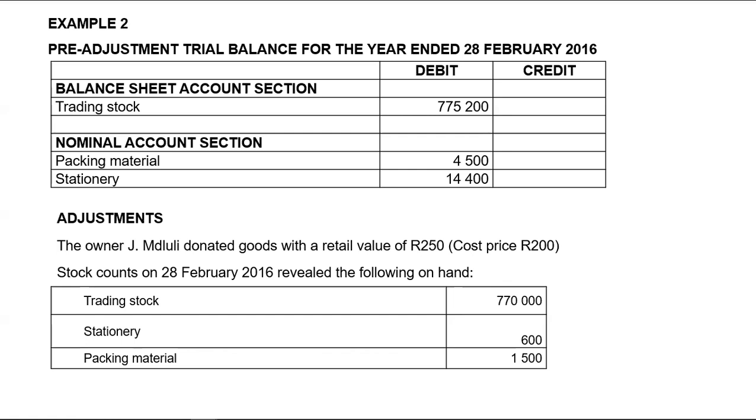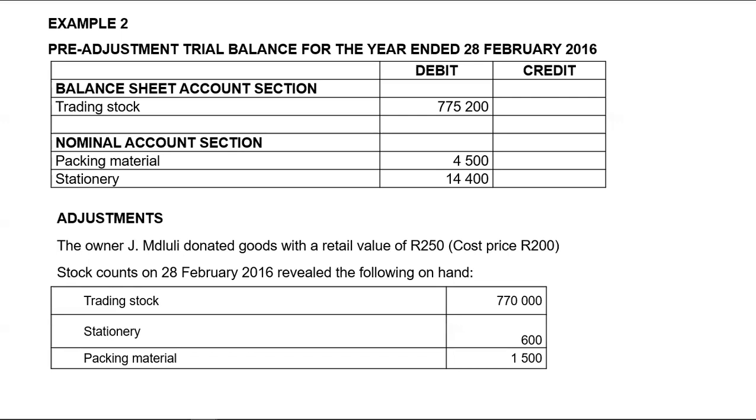We are simply donating trading stock. If we were donating cash, please note that that transaction will have been recorded in the CPJ, in the cash payment journal. However, when it comes to the donation of goods, it will be recorded in the general journal. It will be recorded in the general journal.